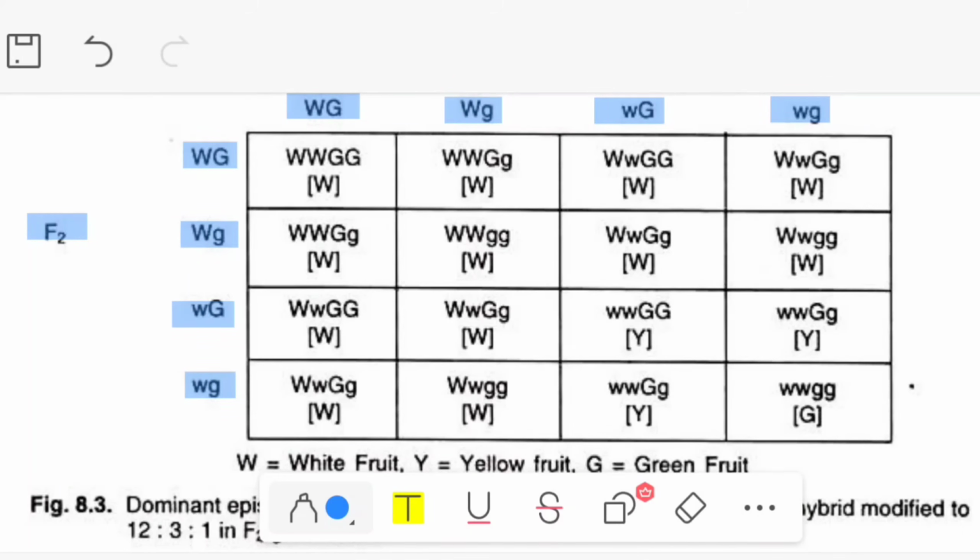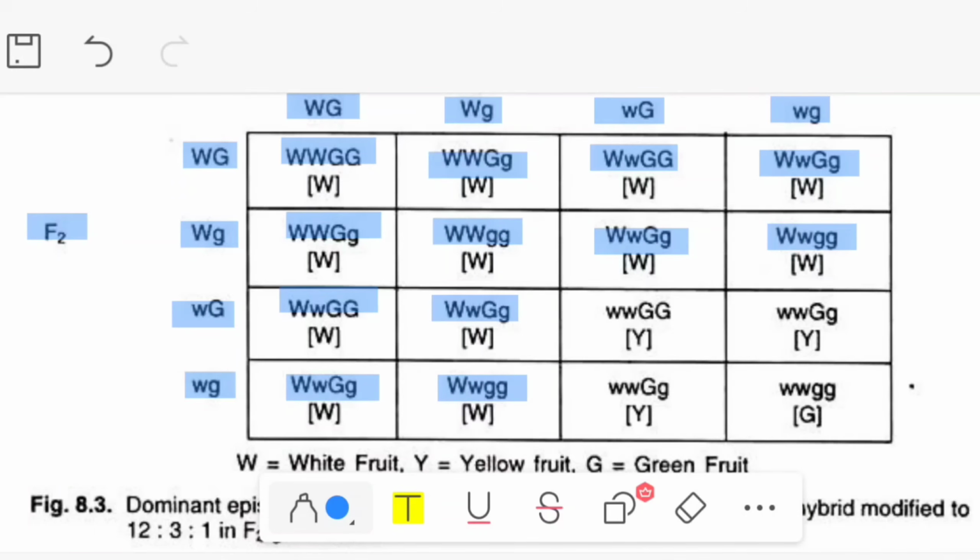The first one will be again capital W capital G capital G. That gives 9, but we still have other W's as well, because capital W is dominant over them, so these will be added in as well.